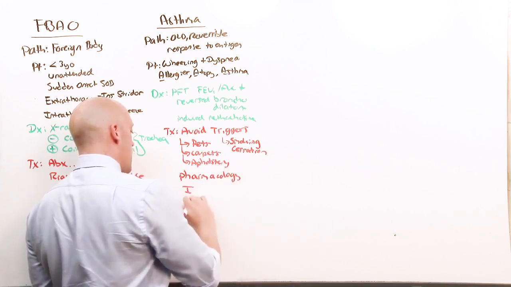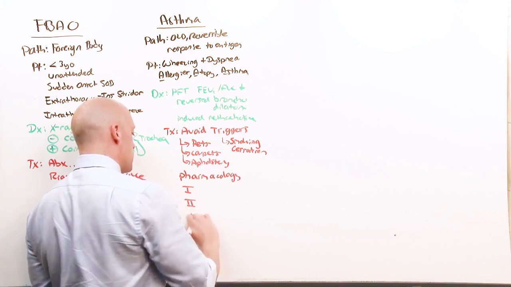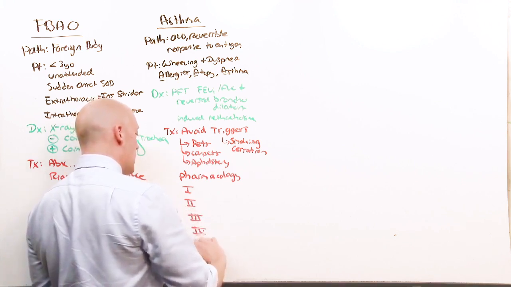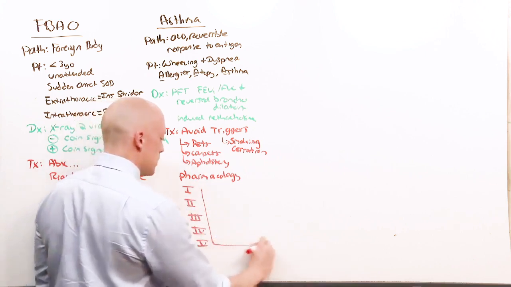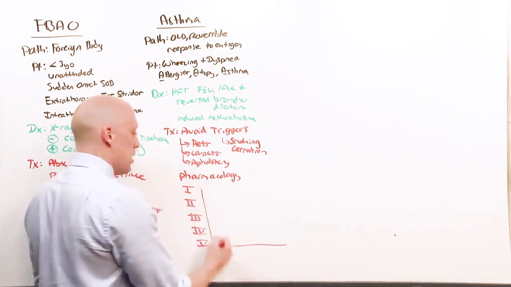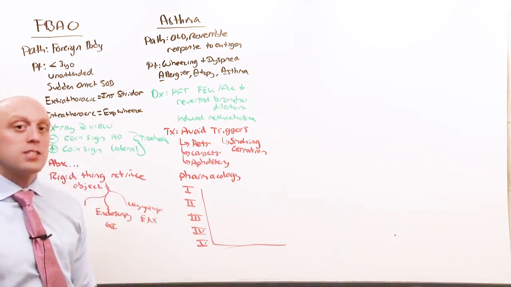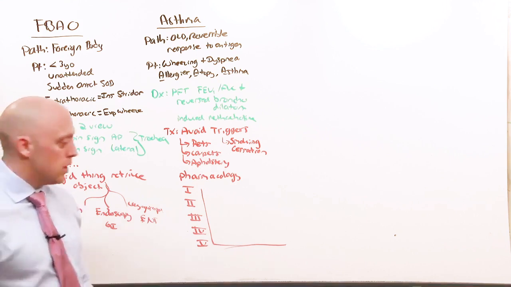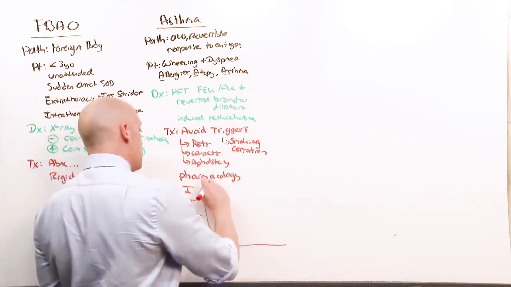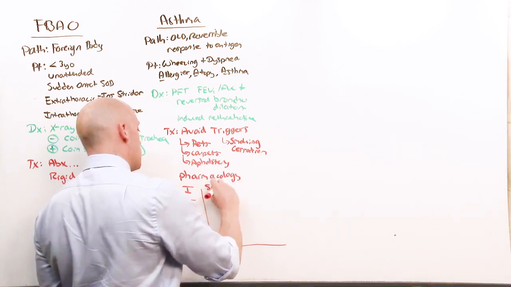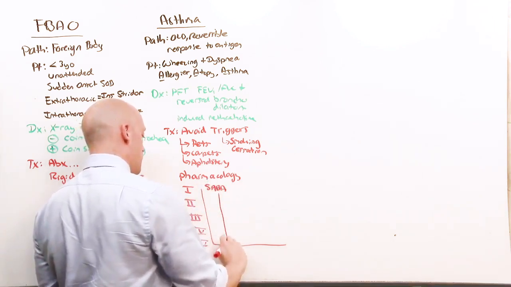And that as you increase in severity, you add on more medications, such that whatever you had for stage 1, or the easiest or lightest stage, you're going to retain through the others. So someone who's not that bad has a short-acting beta agonist, a rescue inhaler.